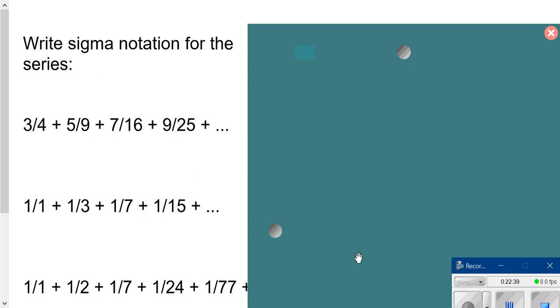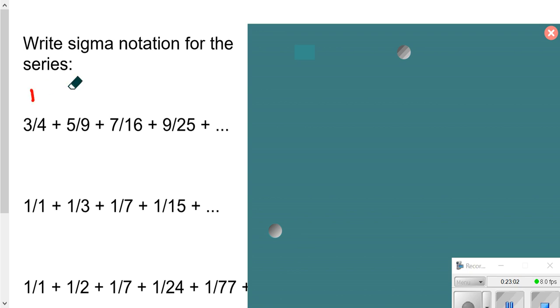Okay, at the very end of your notes, I have 3 problems that are written not in sigma notation. So this is a little blast from the past of how do you write things in generalized terms or in sigma notation. So I have 3 series here. I would like you to work on writing them using sigma notation.